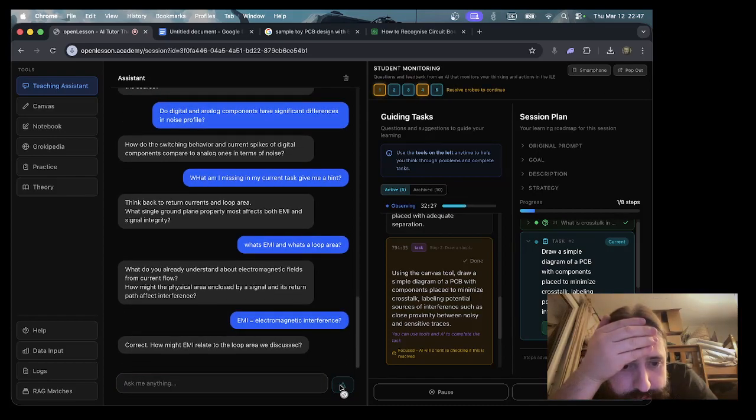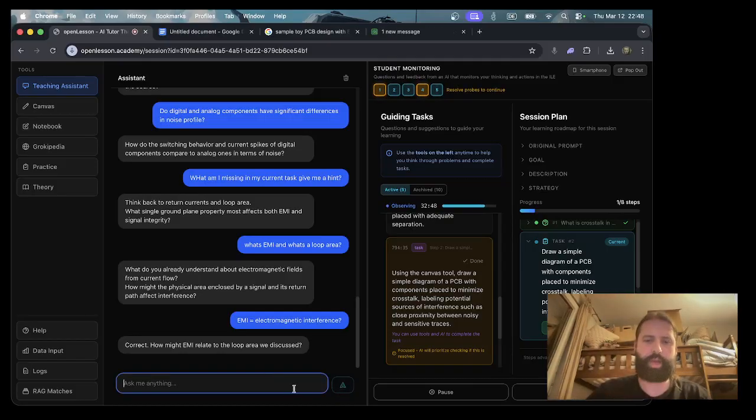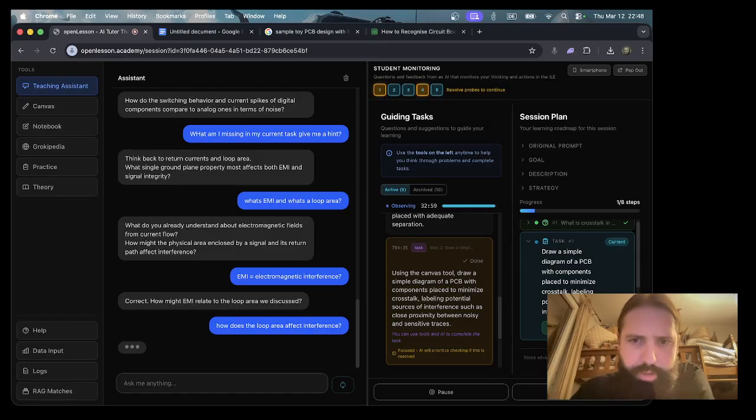Okay, yeah. The loop area. How does the loop area affect it? So I guess, maybe I'm getting that wrong in terms of the placement.